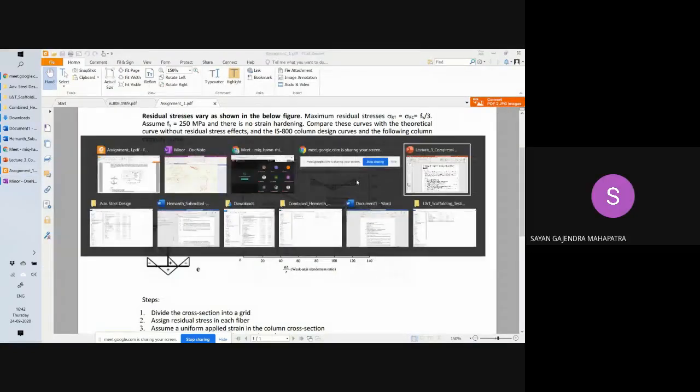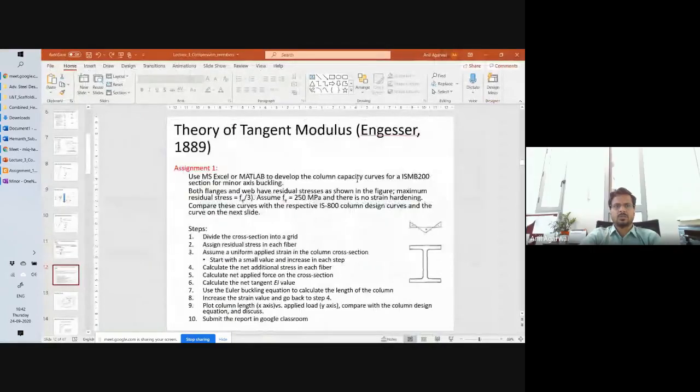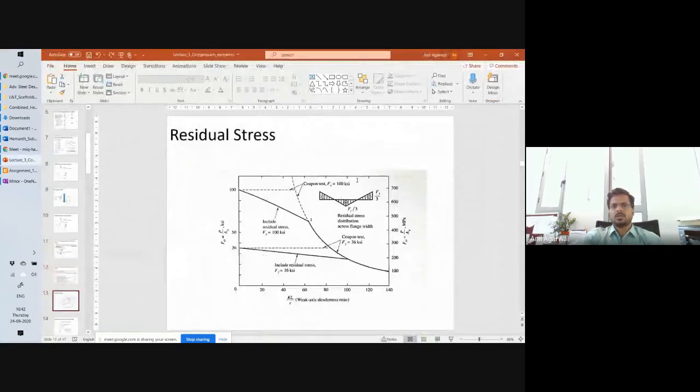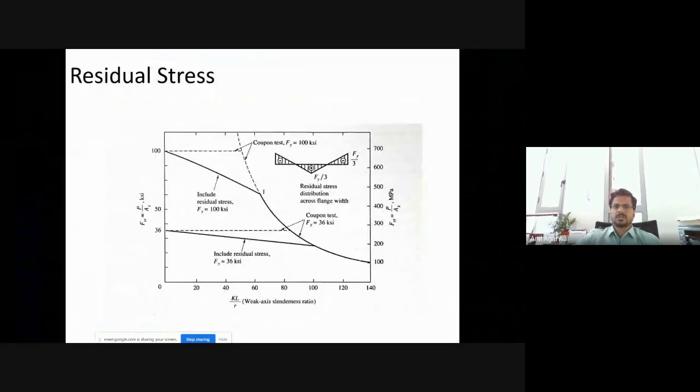Okay, so actually, this is how the behavior should look like. You try it, you should get this kind of a curve, perfect elastic buckling, and then this one. So here we have already only accounted for the residual stress effects. And residual stresses also we have assumed them to be linear, but in reality they will never be linear, right?